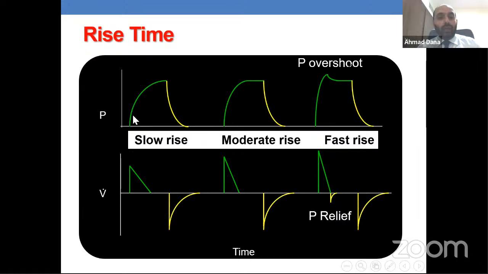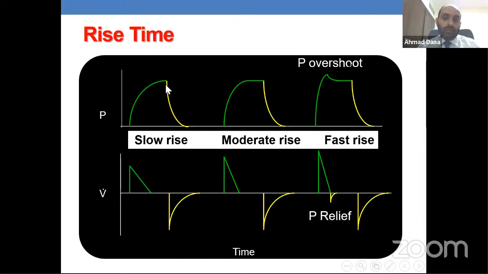With a very slow rise time, you have less time to get the tidal volume, and of course it will inflate the lung less, and in the long run it will cause problems with the lungs.